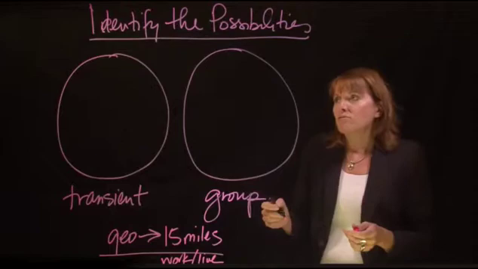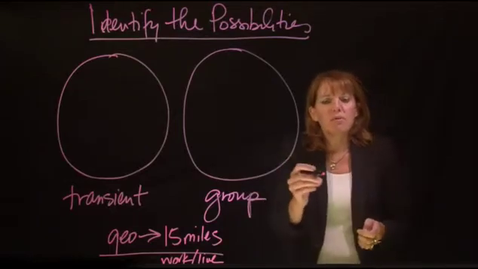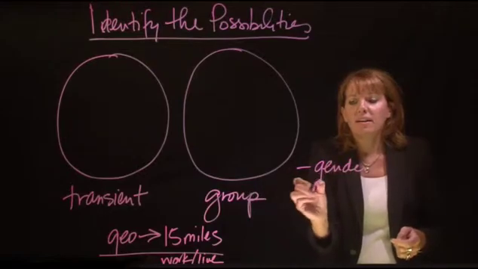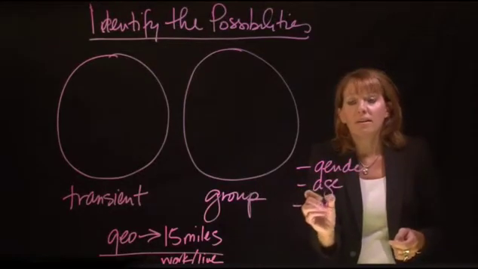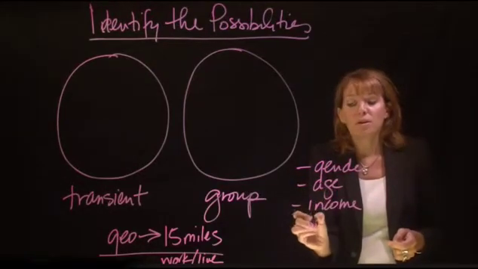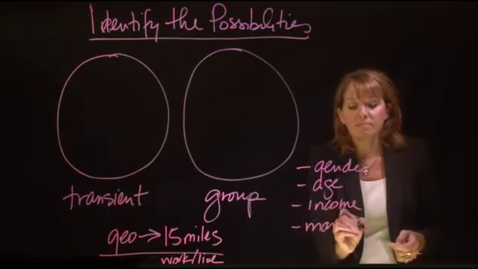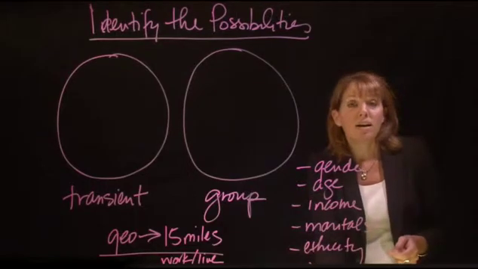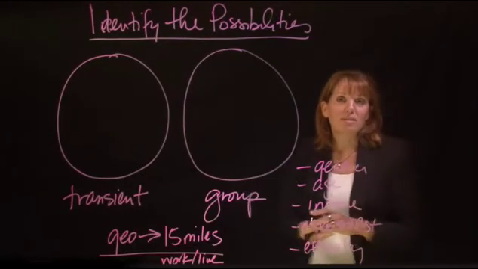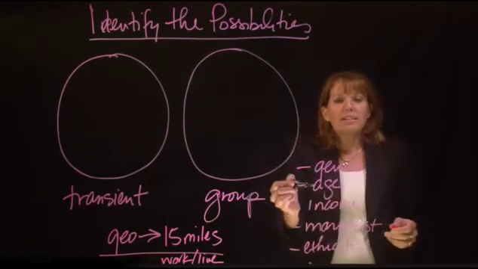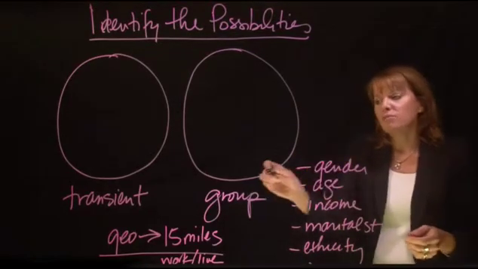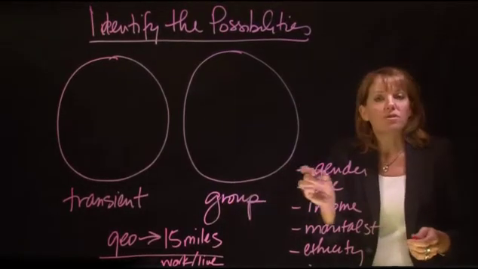So if I look at a variety of demographic variables, some of the more common are gender, age, income, marital status, ethnicity, and I could go on and on, and our table in our textbook does as well. So as we look at each of these, what we want to determine is, are these uniquely different for a fitness center in terms of their needs and wants?